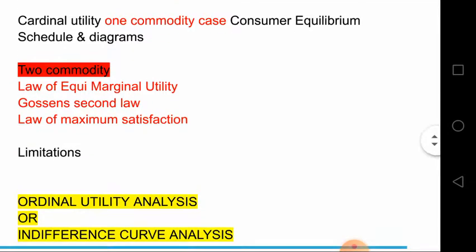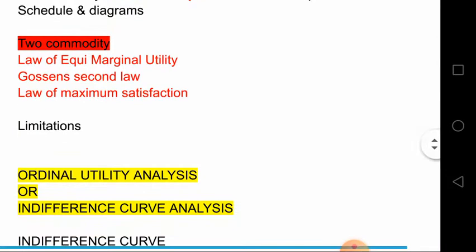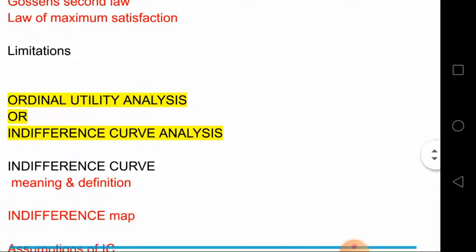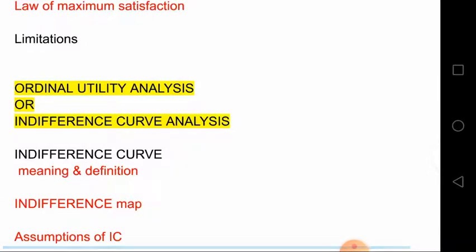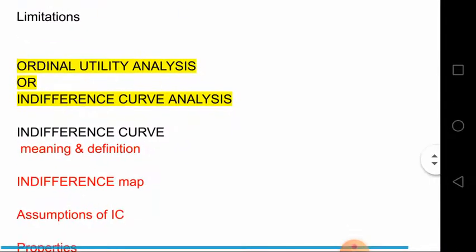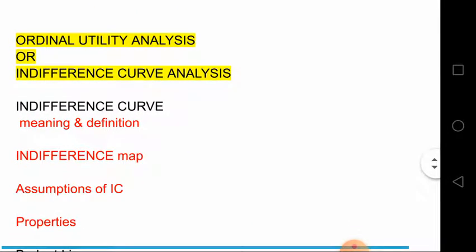So the approach and analysis is called the law of equimarginal utility, Gossen's second law, or the law of maximum satisfaction. What are the limitations of that topic? We'll study in this.